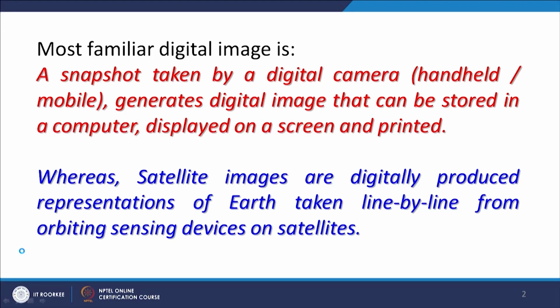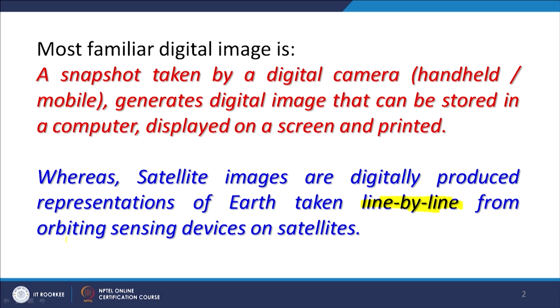Whereas the satellite images, they are also digital images like your snapshots, but they are taken line by line, scanned as the satellite moves in the orbit, and line by line the data is recorded, and at the same time it may send towards the earth also through a direct broadcasting method, which we will be touching later in this discussion.